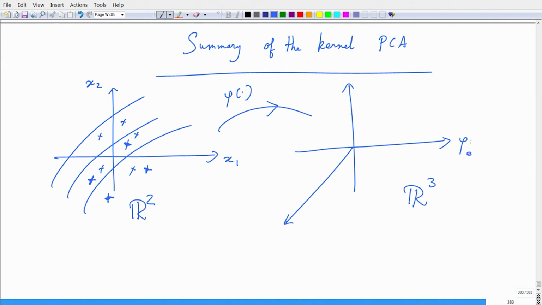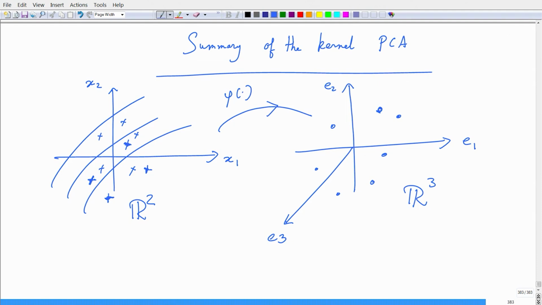I put phi E in this space. So, I form the eigenbasis in this space. I call them E1, E2, E3, and I can represent the points in this space, right. So, given the training samples, I need to compute the kernel matrix, and then from the kernel matrix I need to solve an eigenvalue problem.